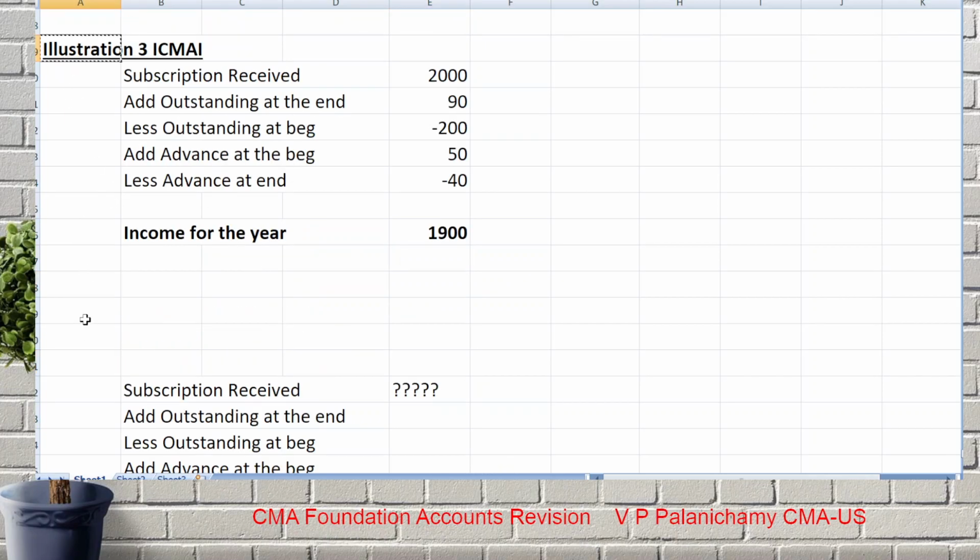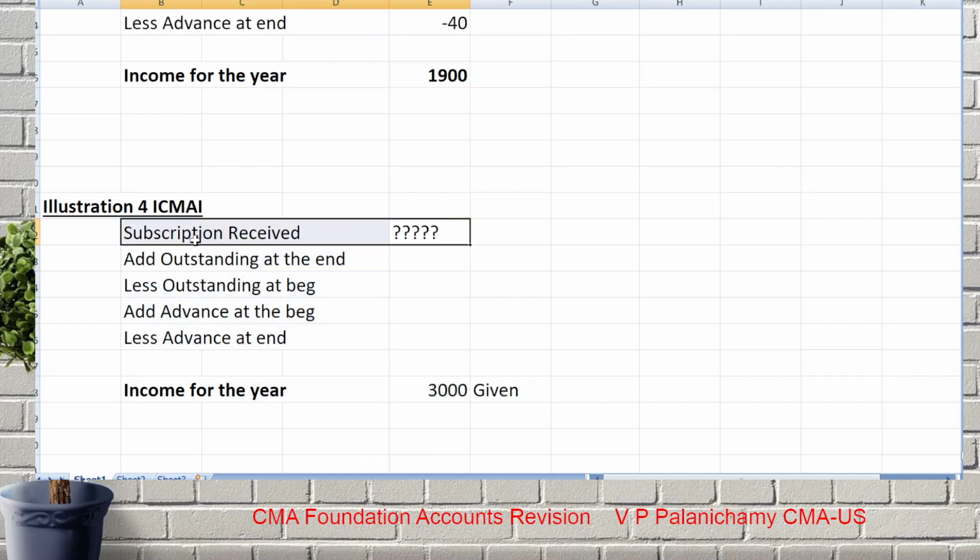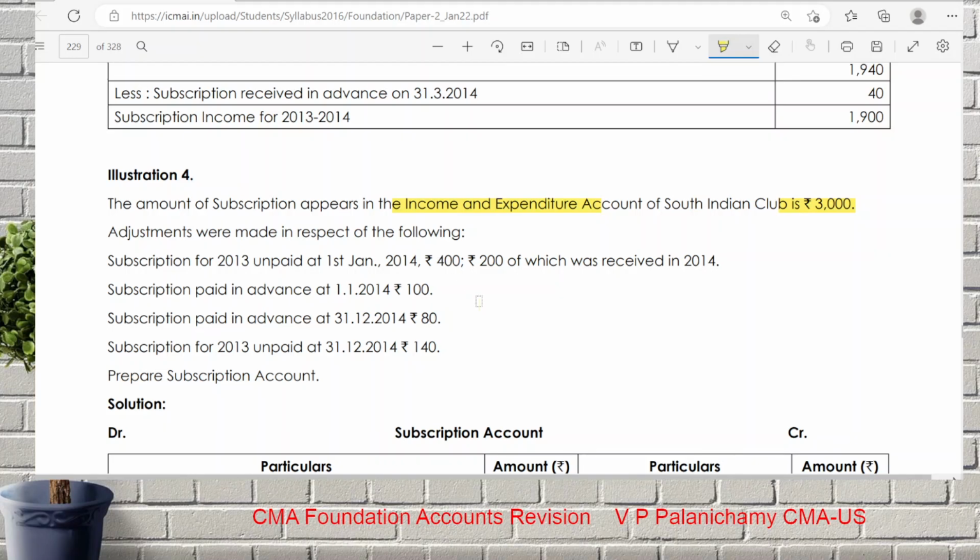This is illustration number 4. We are given income for the year. We have to do reverse working and find out what is received for the year. Try it.